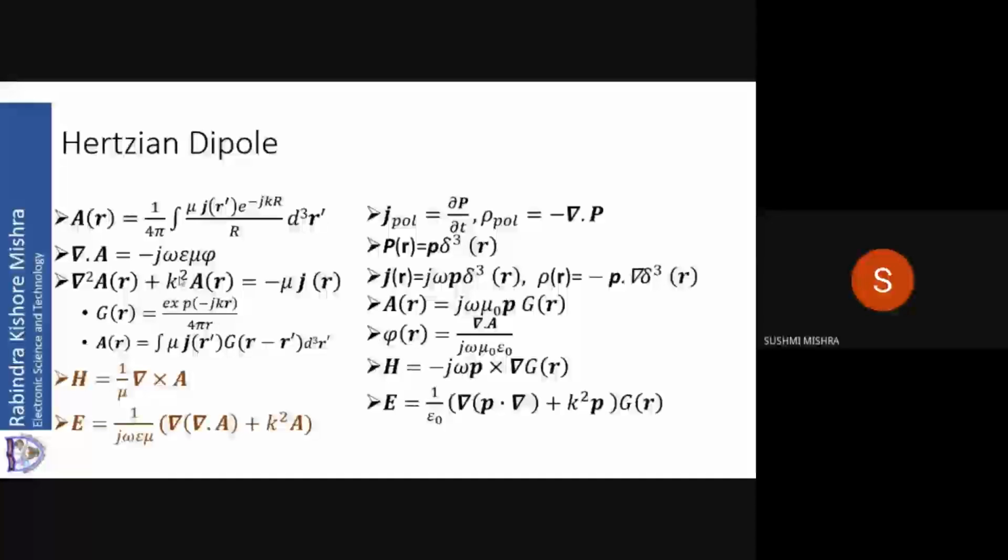These are the things that we define. Accordingly, we found out what H and E will be. Then we considered the time harmonic case for the Hertzian dipole, and in the time harmonic case, we found out the fields.